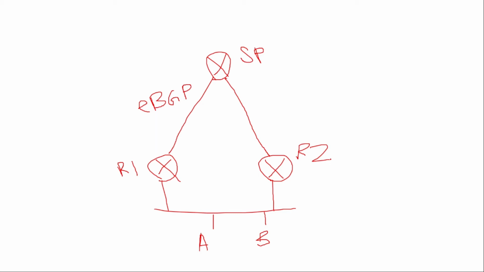Let's look at the first method. When you advertise local subnets towards the service provider, you can advertise certain subnets via BGP on one router.